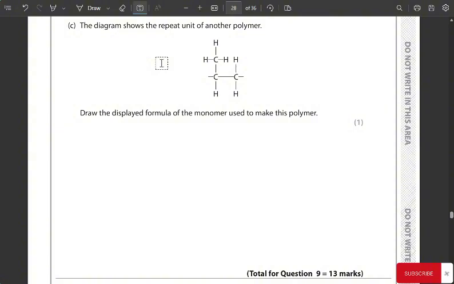The diagram shows the repeat unit of another polymer. Draw the display formula of the monomer used to make this polymer.